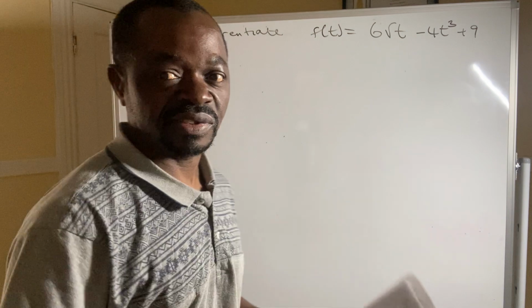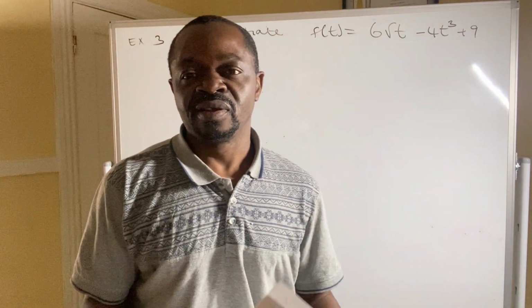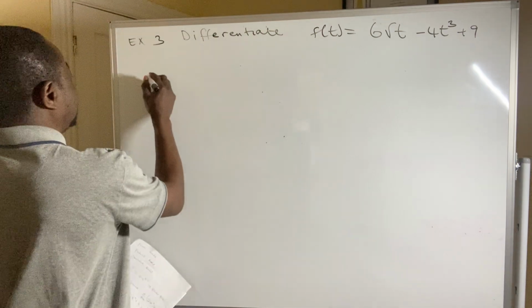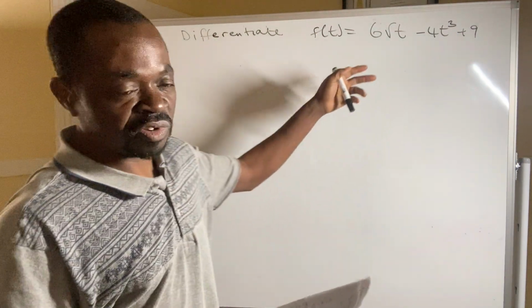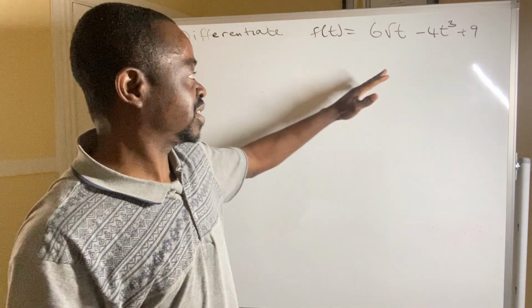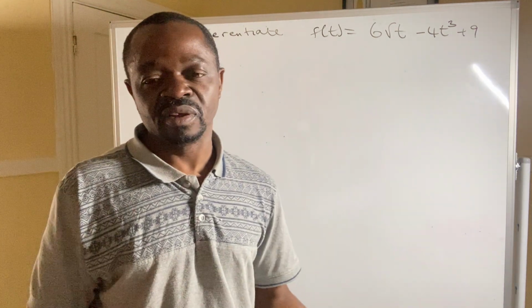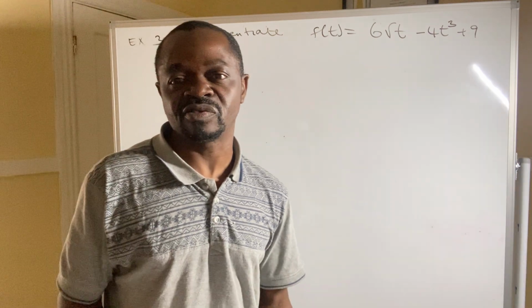So that's another simple question. As with the previous question, there's a root sign here, so we have to change it to a power in order for it to be simple for us to solve.